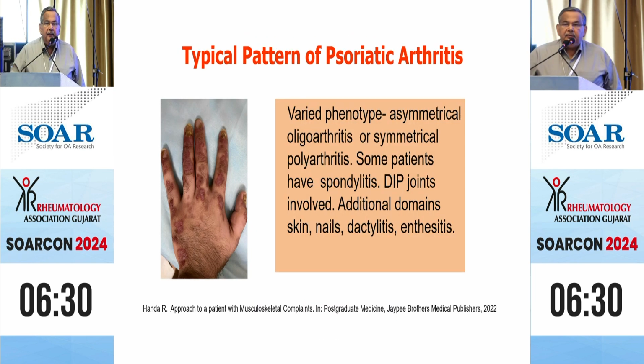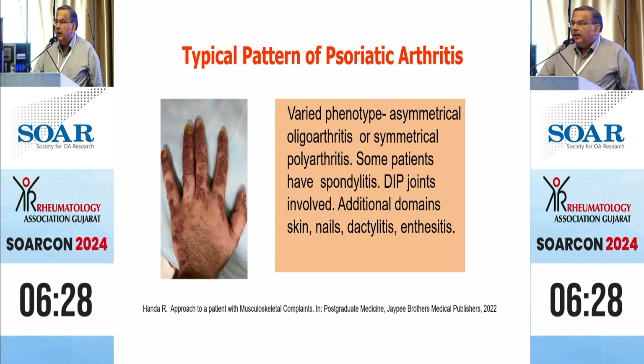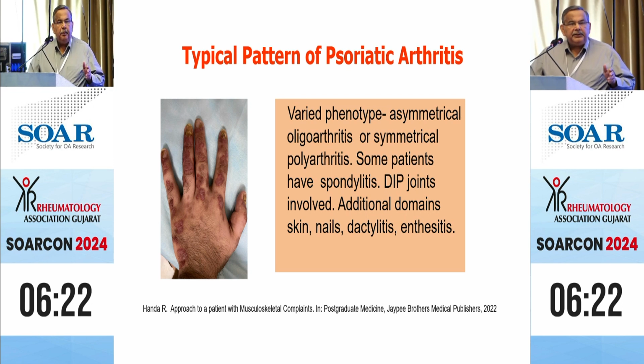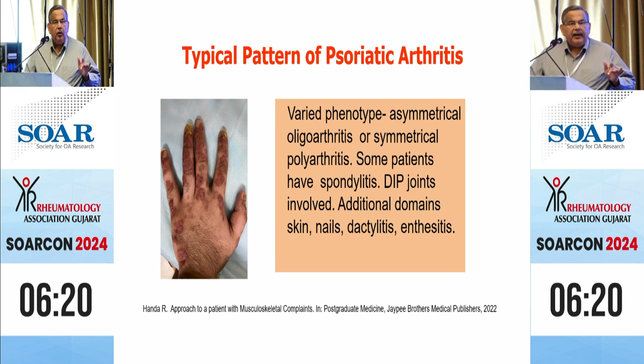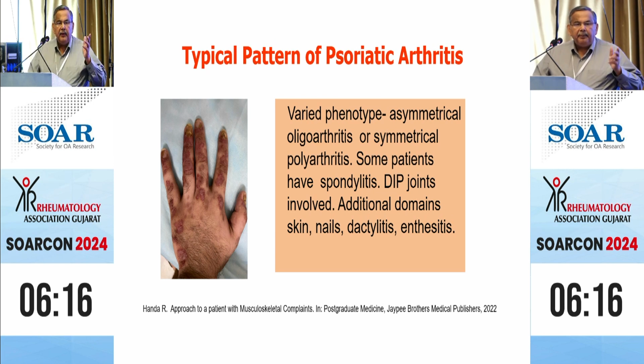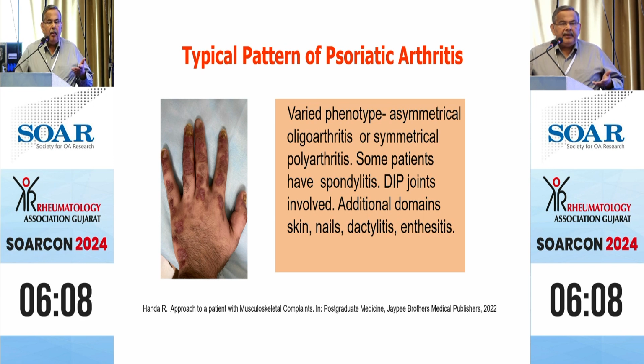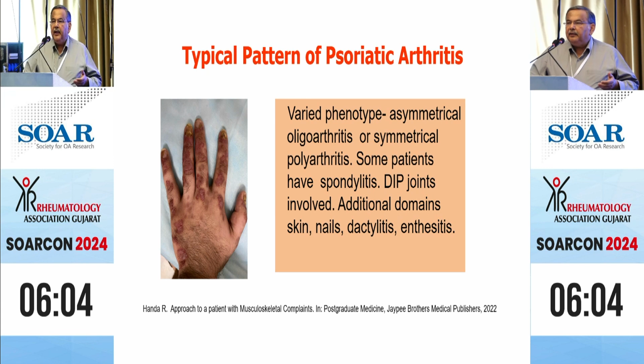You can have symmetrical involvement, actually indistinguishable from rheumatoid arthritis, and several of these patients who get a label of seronegative rheumatoid 5 years down the line may come up with a patch of psoriasis and you revise your label. You could have asymmetrical involvement, DIP dominant disease, arthritis mutilans, or spinal involvement.